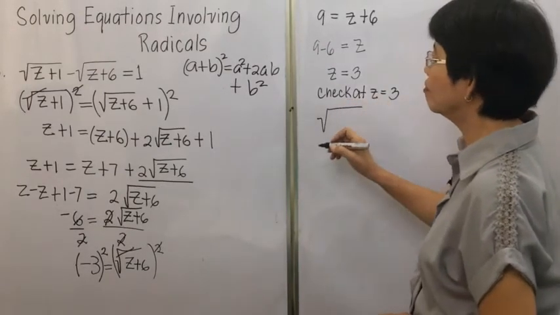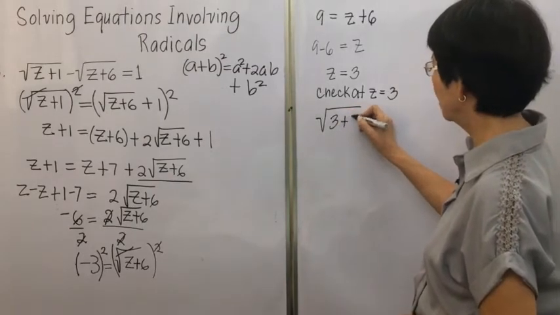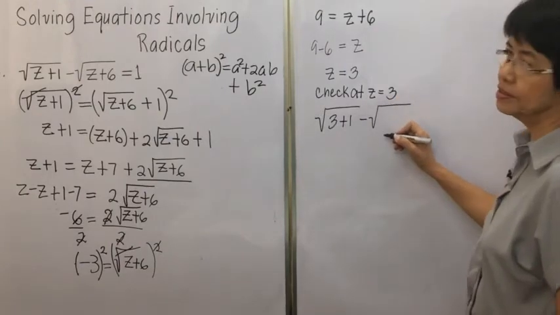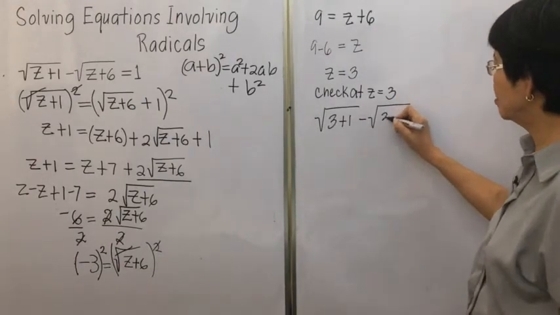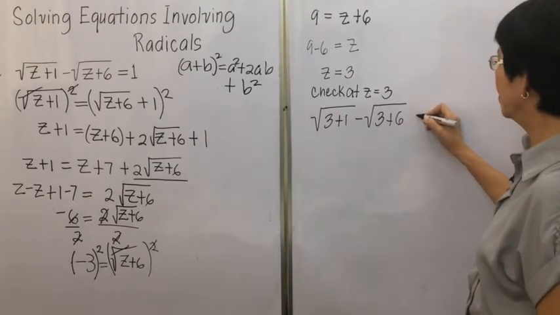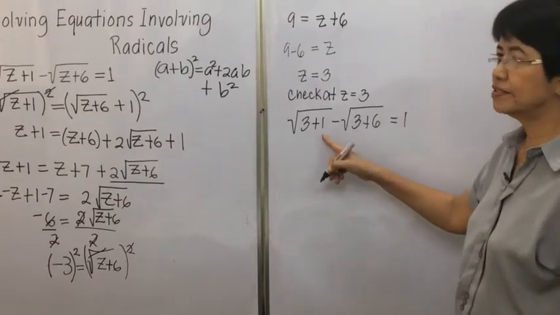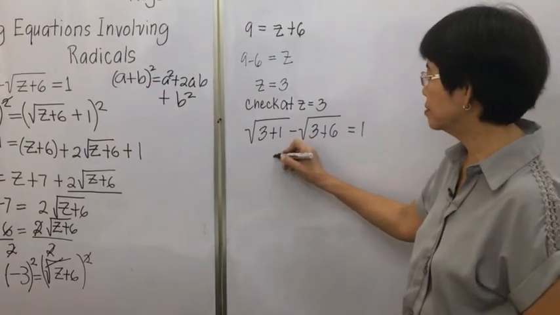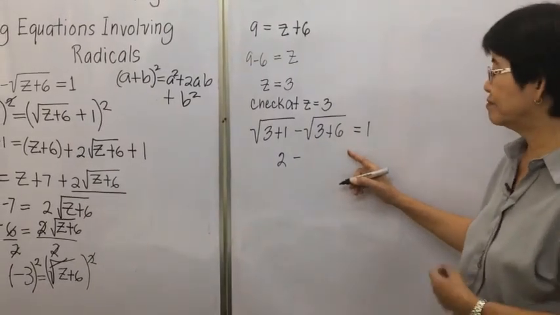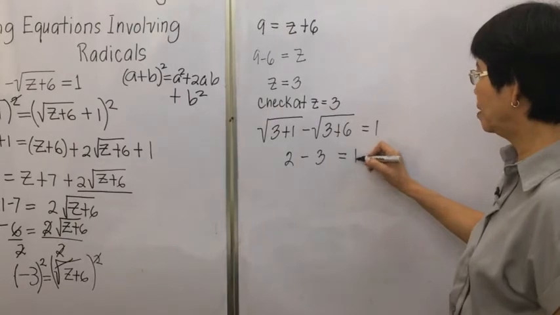The square root of z plus 1, substitute 3, minus the square root of z plus 6, substitute 3, again for z, equals 1. 3 plus 1 is 4, square root of 4 is 2. 3 plus 6 is 9, square root of 9 is 3, equals 1.